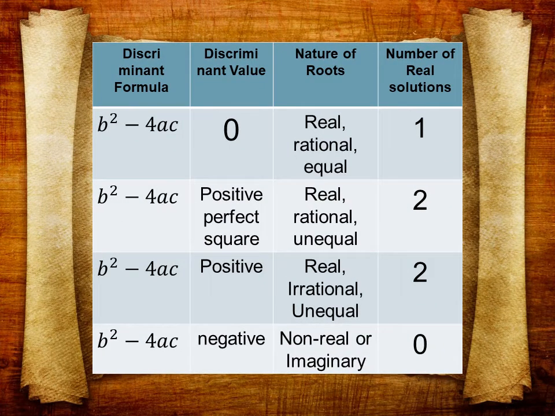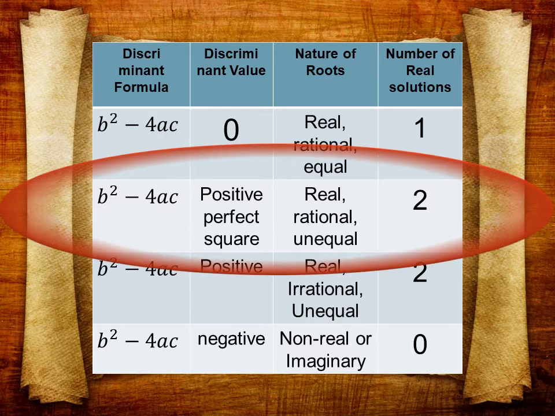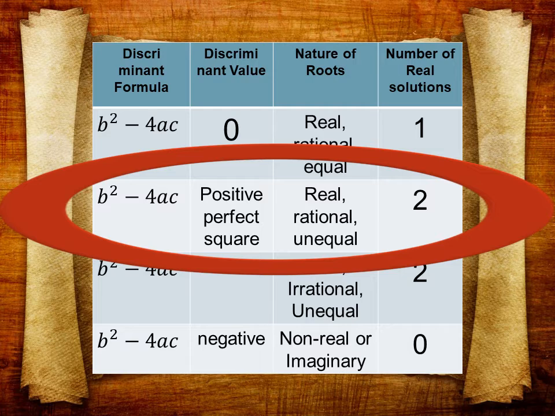From this table, you have positive perfect square, so your answer is at the second row. Because we got 64, it is a positive perfect square. So your nature of roots are real, rational, and unequal. And how many real solutions do you have? You have 2 real solutions.